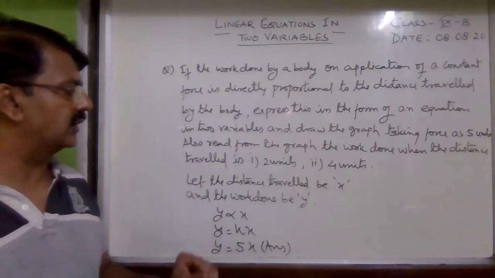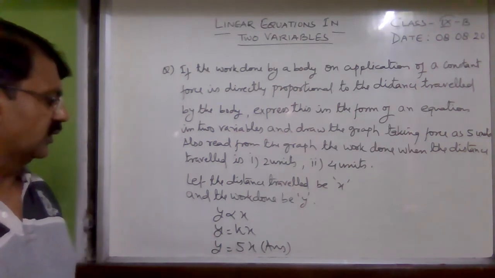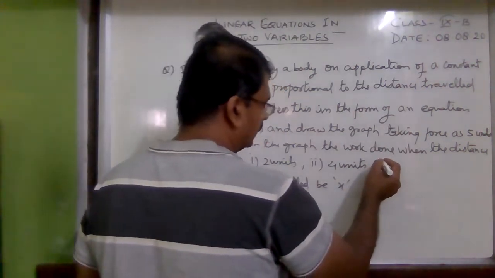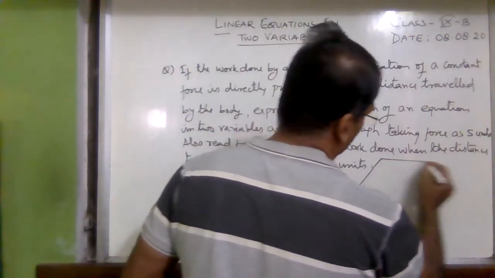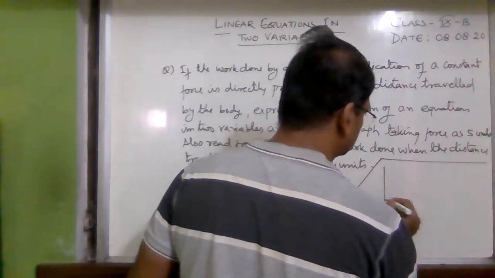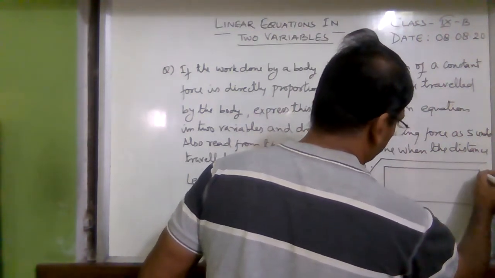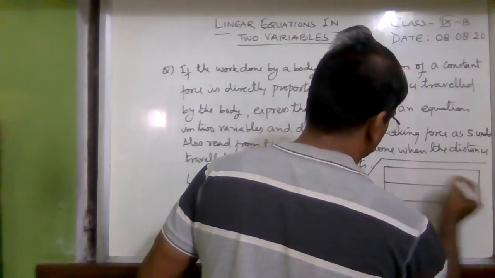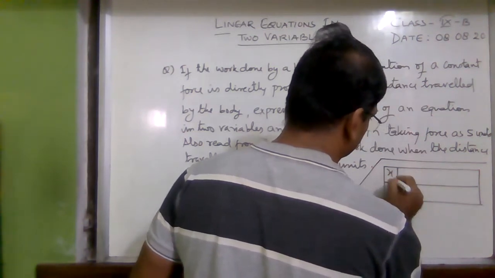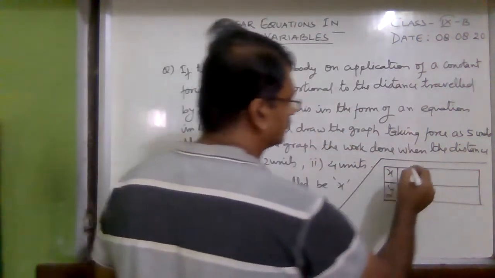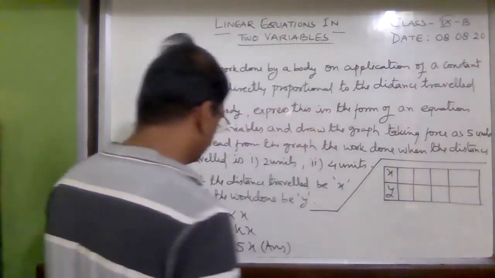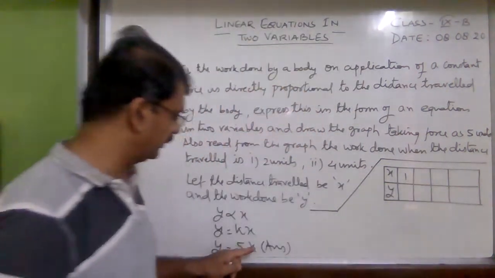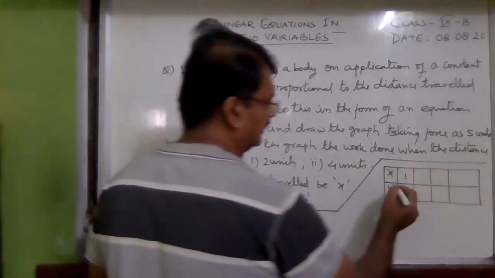Now we have to draw the graph of y is equal to 5x. So for that, first of all you draw a table like this. When x is 1, y is equal to 5.